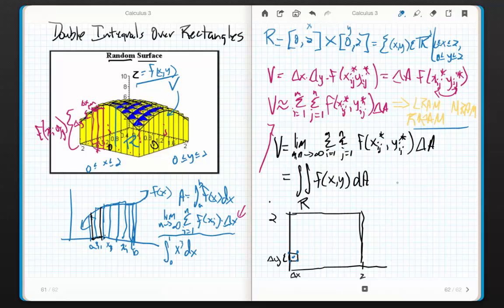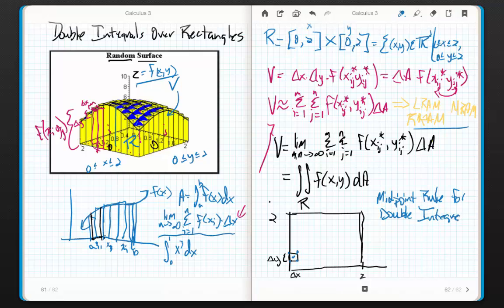So what we've got is the midpoint rule. I'll write that down really quickly. This is the quick midpoint rule for double integrals, and it's quick and easy. You've seen the notation before.